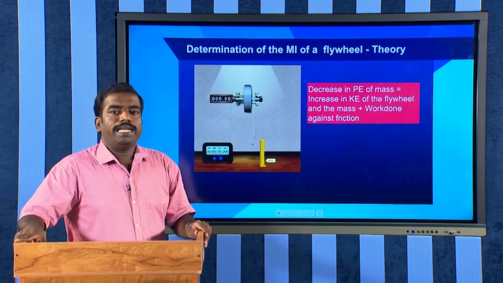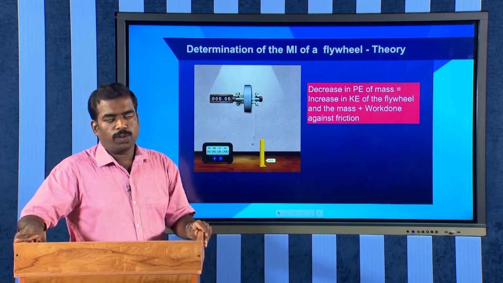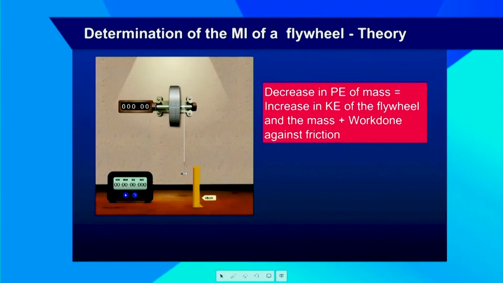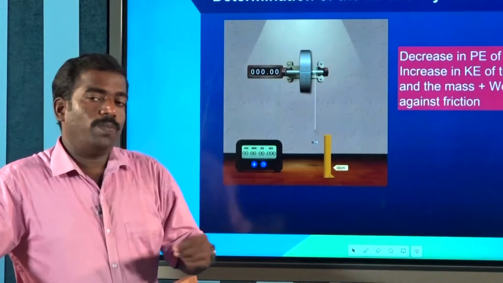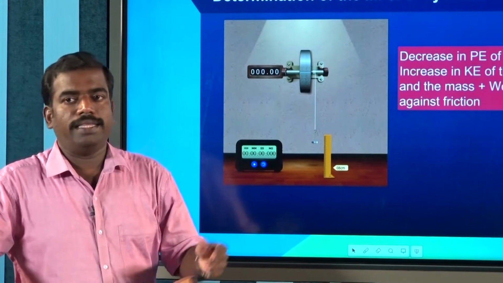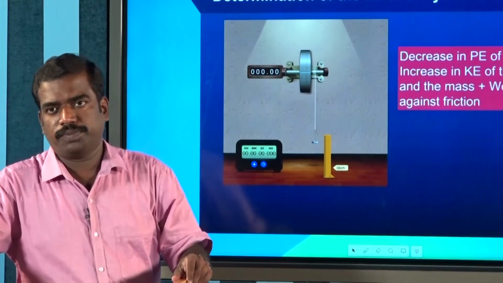Now, you need to release the flywheel. What will happen? If you release the flywheel, the mass m falls under gravity, so that the cord unwinds. The cord begins to unwind and the flywheel rotates.